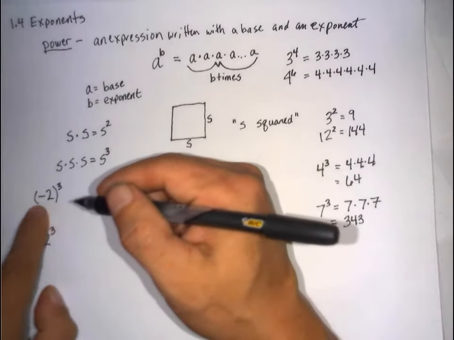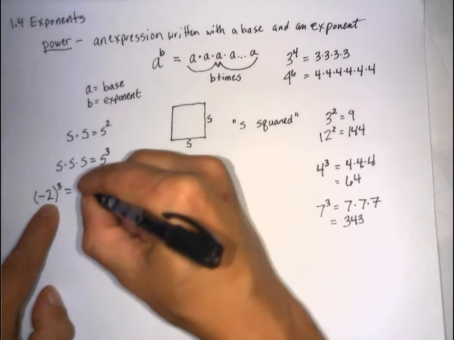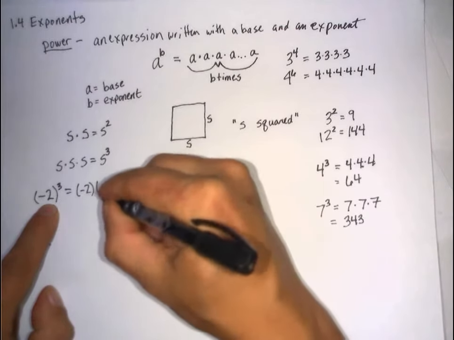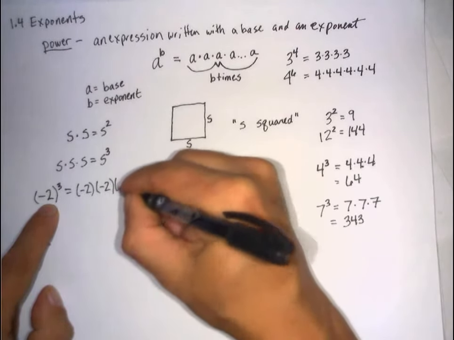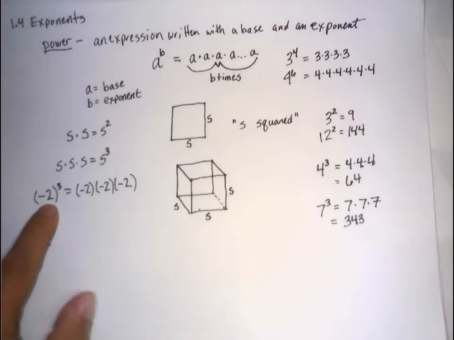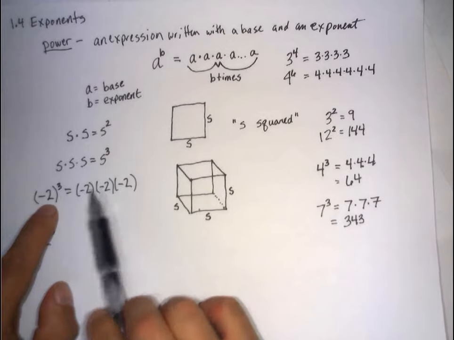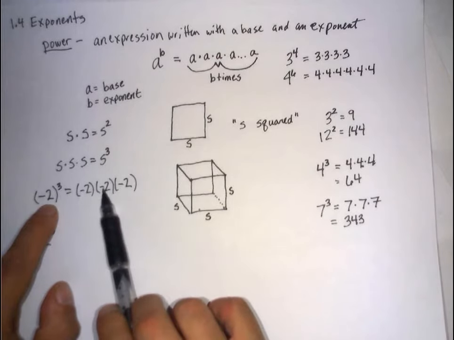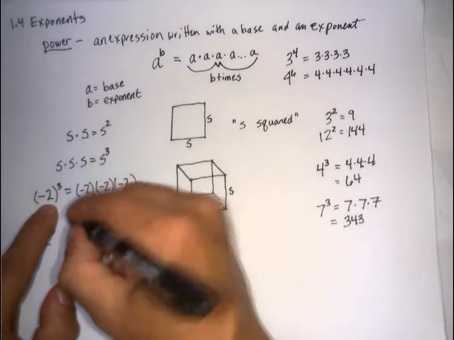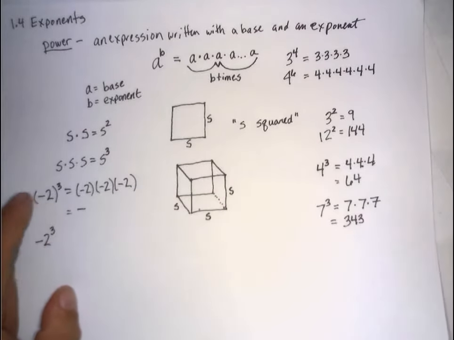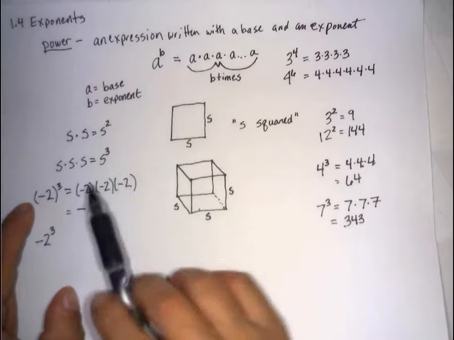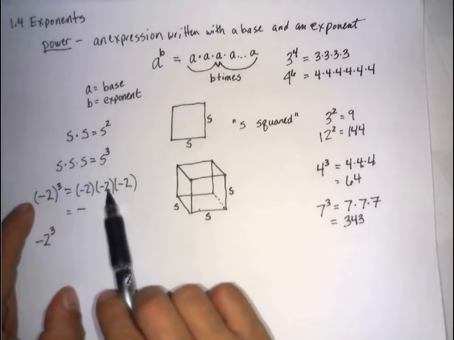Everything in these parentheses is getting cubed. So it's -2 times -2 times -2. Okay, so let's find the sign first. Same sign as positive. So if we multiply these two together, we'll get positive. And then we'll have a positive number times a negative. So the result is negative. And then we'll have 2 times 2 is 4 times 2 is 8.